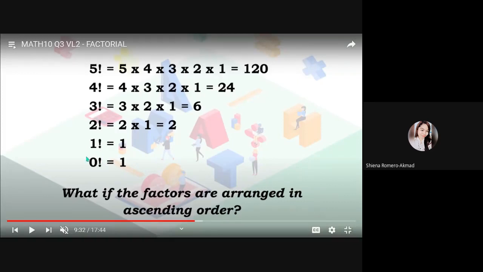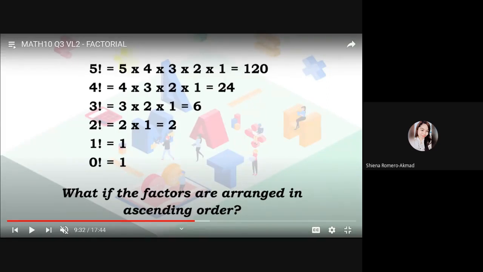But there are cases that you encounter 0 factorial and you have to always remember that that is also equal to 1. So si 5 factorial, that's 5 times 4 times 3 times 2 times 1 equals 120, 4 factorial 24, 3 factorial is 6, 2 factorial is 2, 1 factorial is 1, and 0 factorial is also 1.